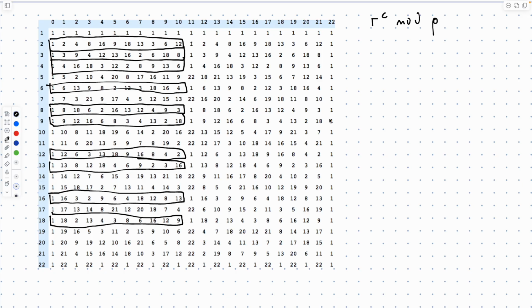So I'm noticing that all generators g with order 11, which by the way is prime, are the same integers.